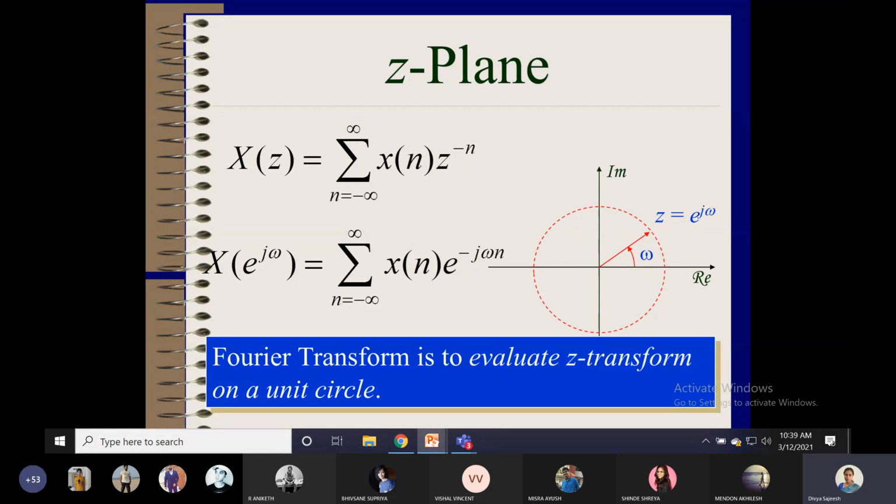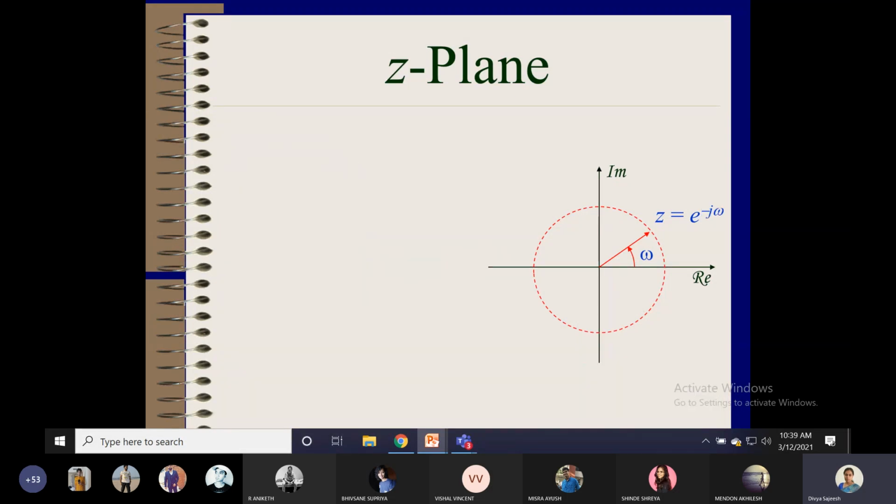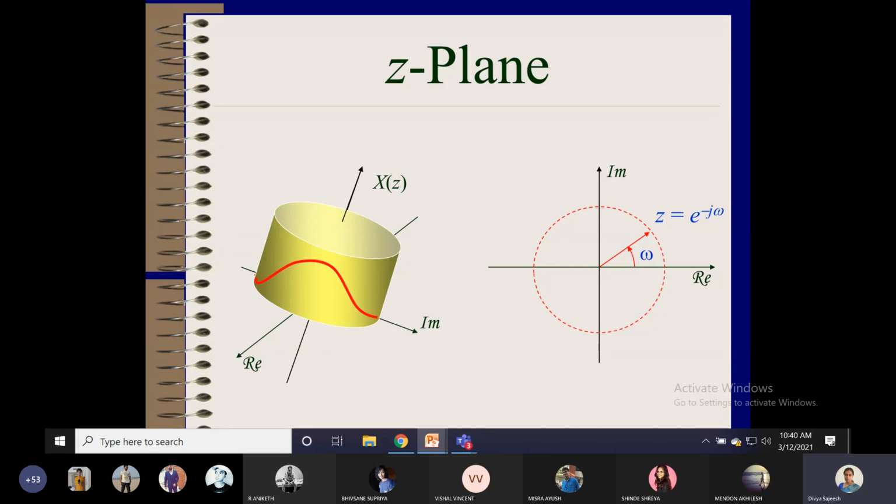The angle you can see is omega, and at the unit circle, whatever z transform you obtain gives you the Fourier transform of the signal. Or if I imagine in a 3D way, at a distance of unit you obtain the z transform, which is the Fourier transform.